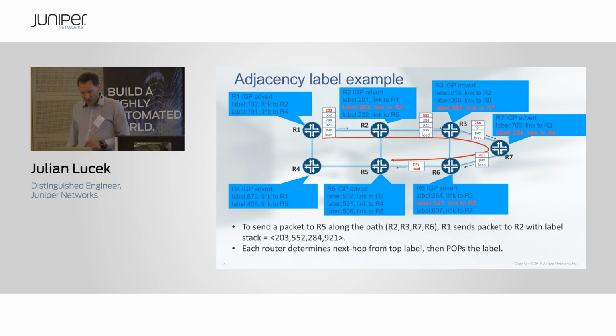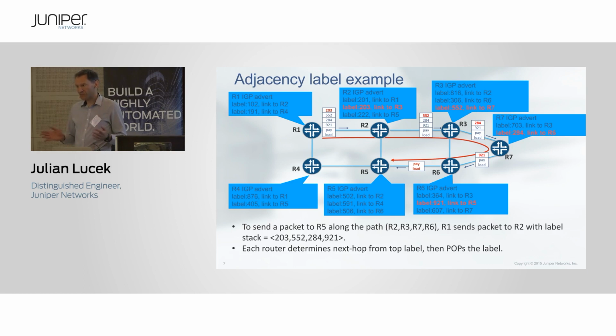And so R6 sees the final label and pops it, and you're just left with the bare underlying packet, because of penultimate hop popping, and that's sent to R5. And so in this way, we've managed to steer the packet through a precise sequence of links by virtue of the stack that's been pushed onto the packet, this stack of adjacency labels.